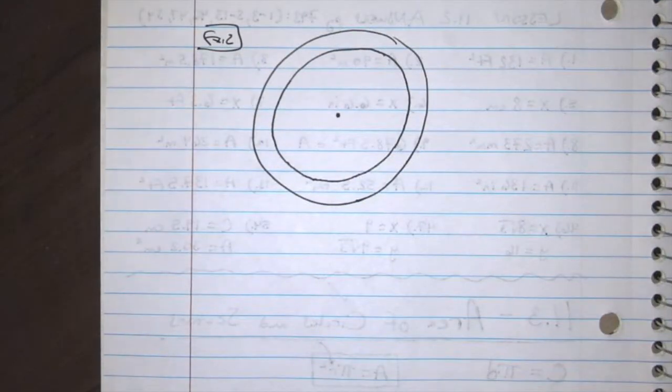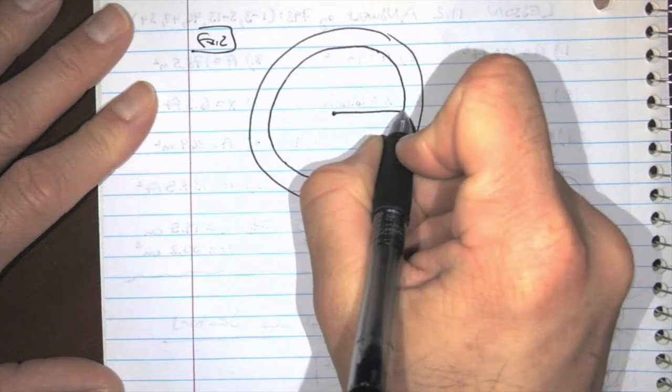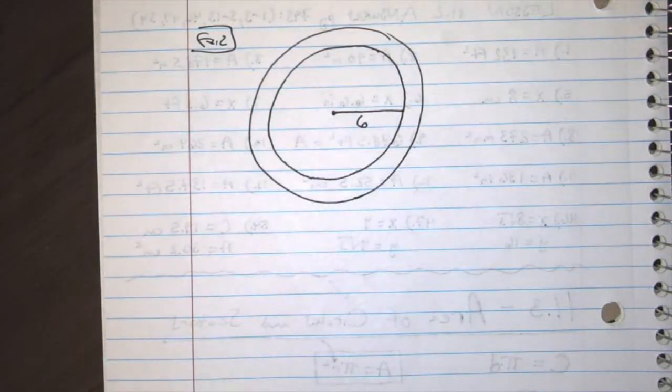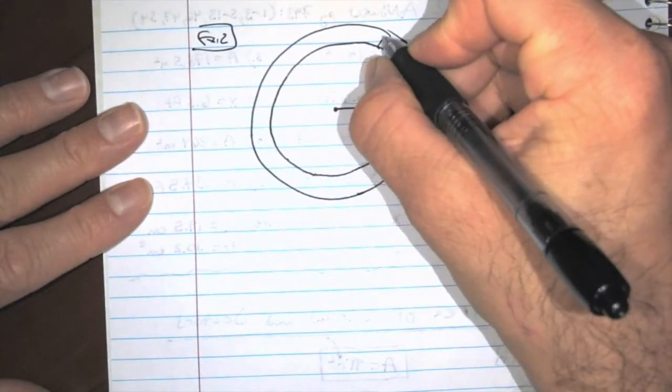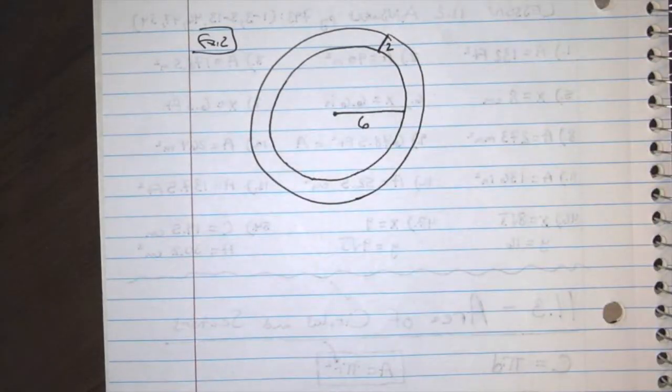All right, here's your second circle. Let's give the radius of the inner circle as just 6. I'm not going to give units, just 6. I'm going to say that this uniform edge from here to here is 2. And I would like you to find the area, not of this whole thing.